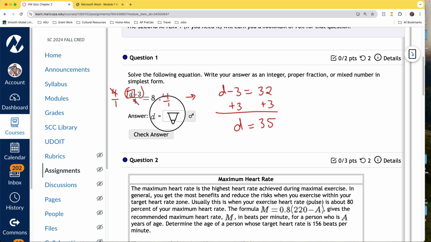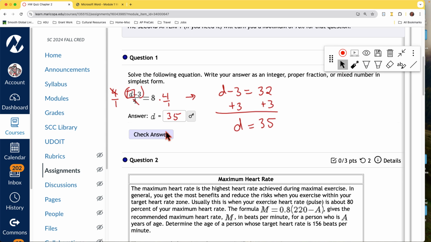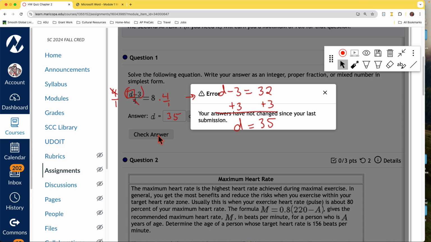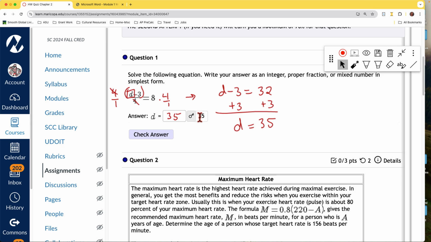We can put that in here. I can click here and it'll give me my answer is 35. You'd also put the 35 back in for d, subtract 3, divide by 4, and you should get 8. I've got to actually enter it in here.